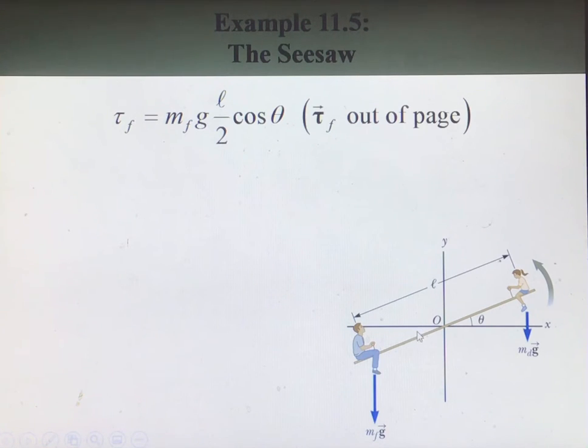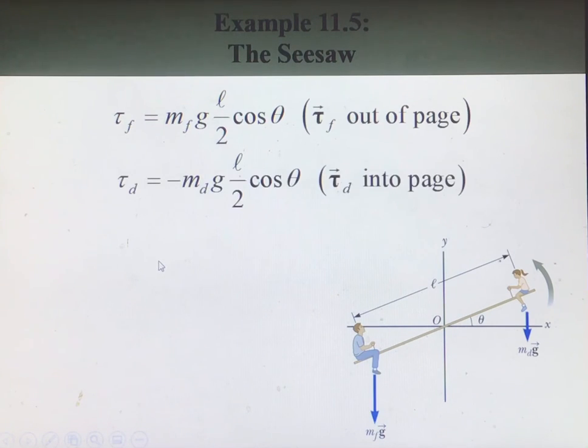With a little bit of trigonometry, I can take this force and break it into one component that is at 90 degrees with respect to my displacement vector, and one component that is parallel to the direction of the seesaw. If you do this carefully, there is some angle right here, which would be theta as well. So you can show that the torque produced by the father is given by this equation, and this is going to be in the counterclockwise direction.